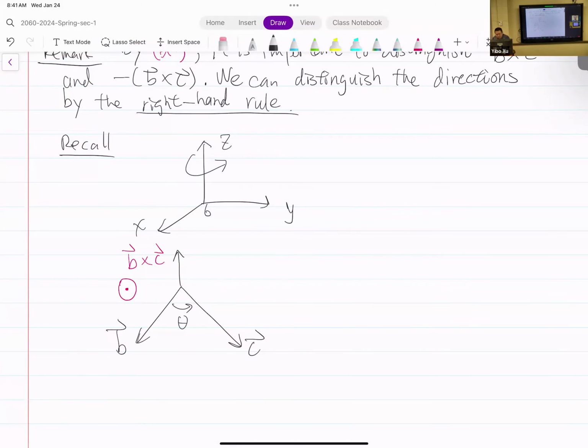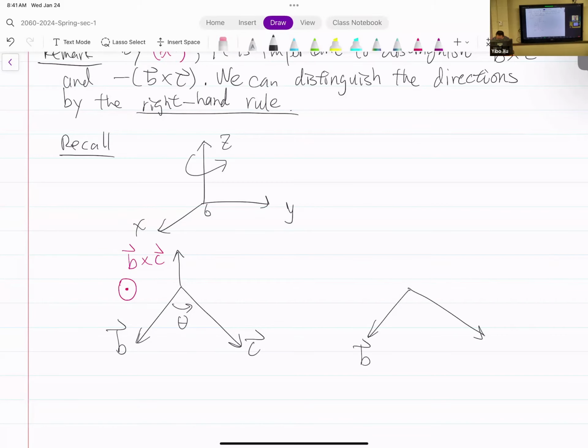So there's angle theta between them. This rotation direction is exactly how you bend, right? So your fingers go along B and you bend along the direction of C. Okay. And of course, this one follows the right hand rule.